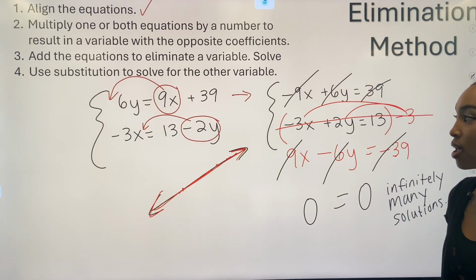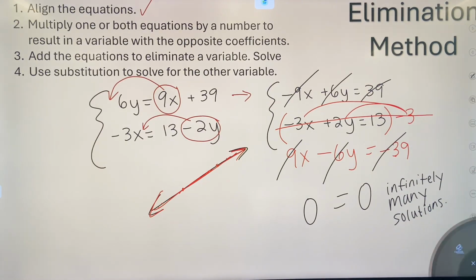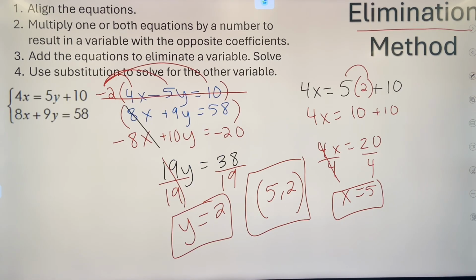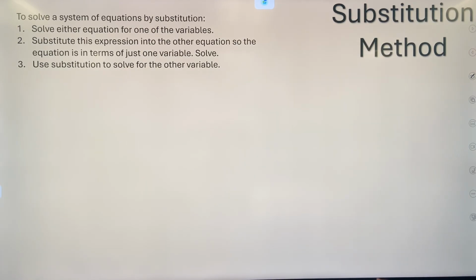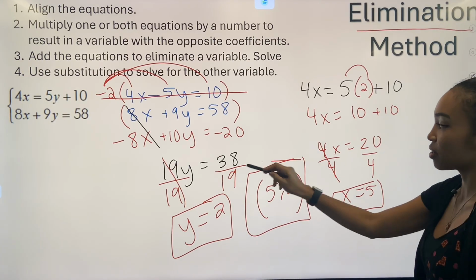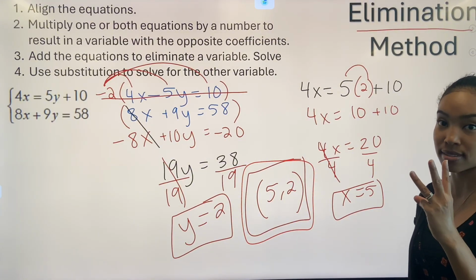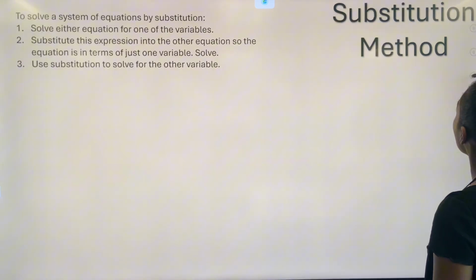So that is how you do the elimination method, and that is how you do the substitution method. And there's 3 cases. You'll get infinitely many solutions. You'll get no solution. We had an example of no solution. Or you'll get a point, like we did here. So those are your 3 cases. I'll write that down.